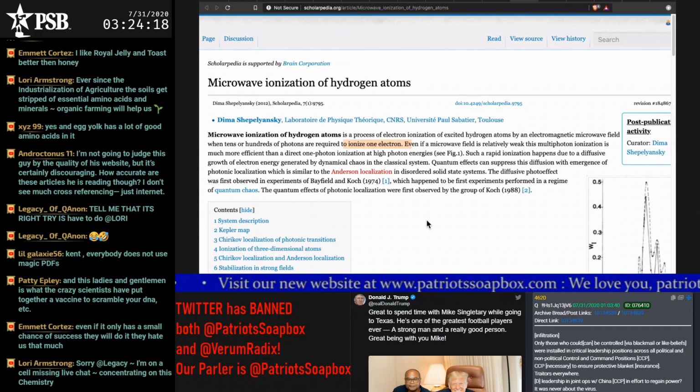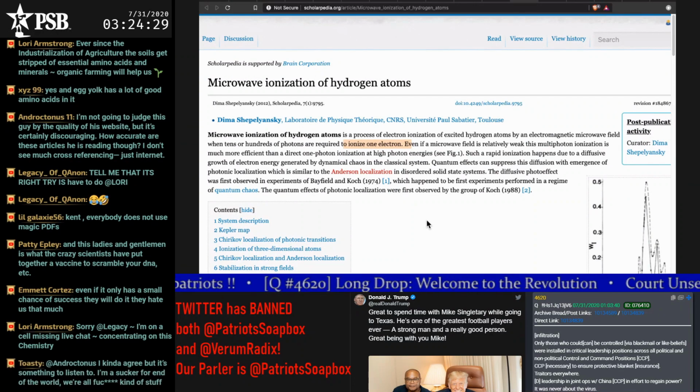And that's what we're made of. Protons, neutrons, and electrons that make up the elements, that make up the basic building blocks for everything we understand as matter. And that's what they're talking about, being able to manipulate here with microwave radiation using multi-photon ionization. That's what they're talking about here.